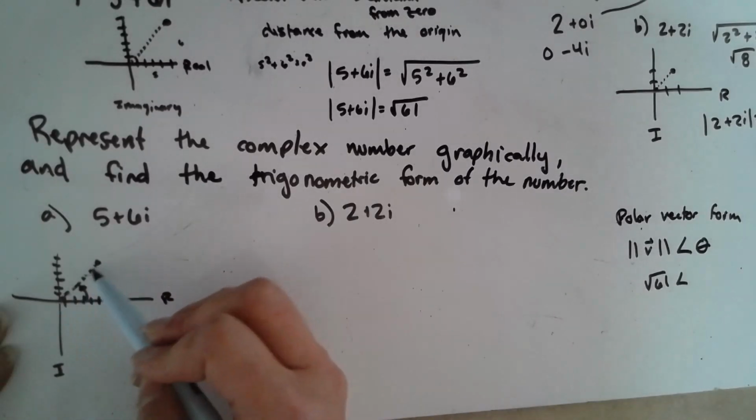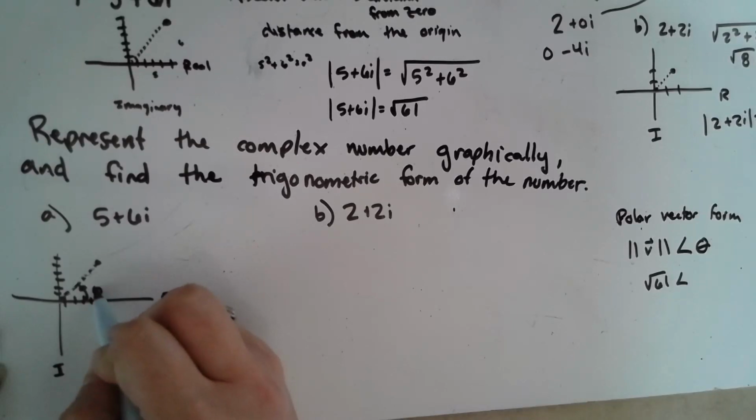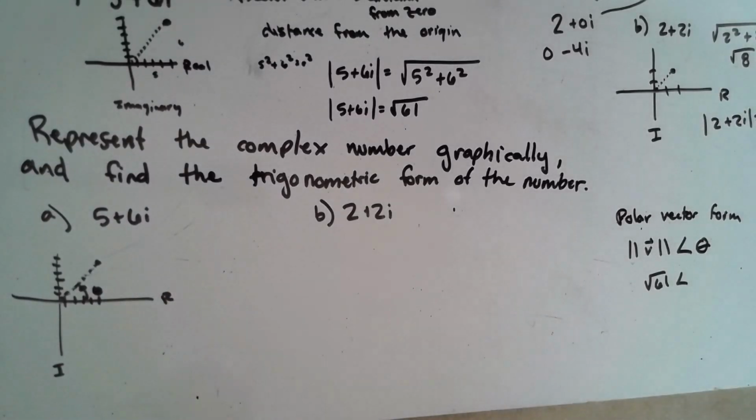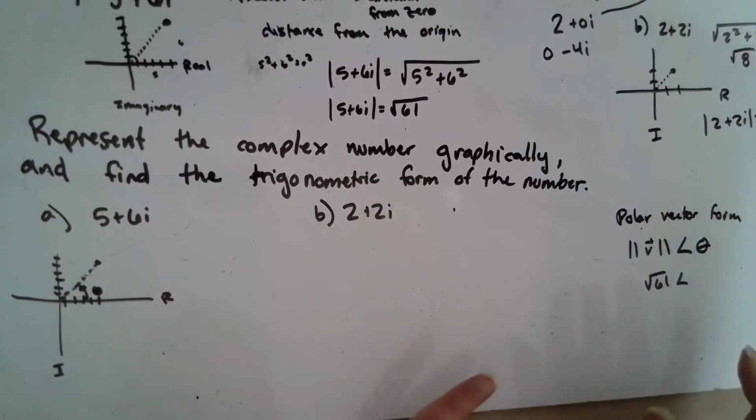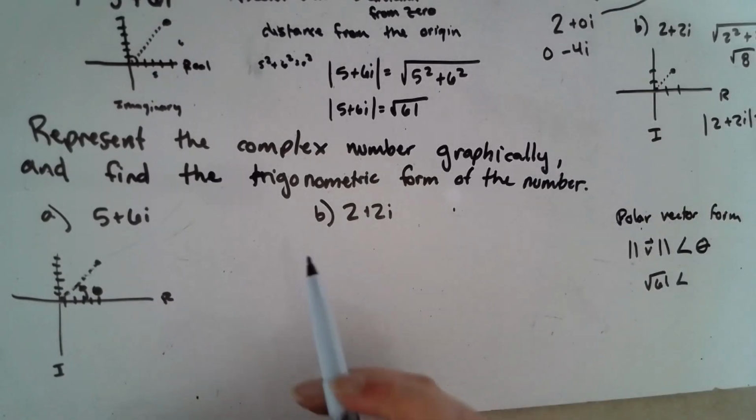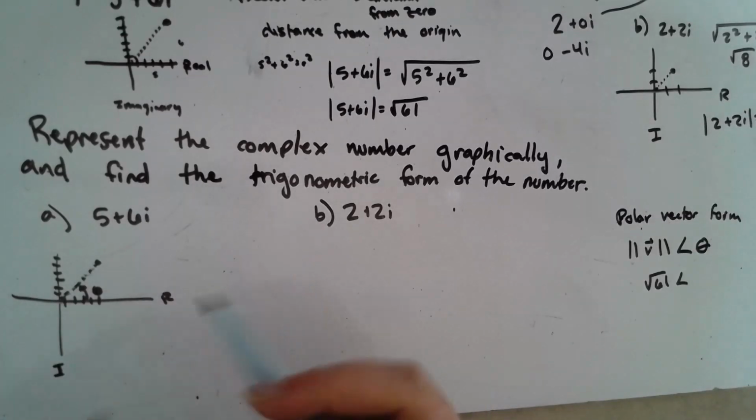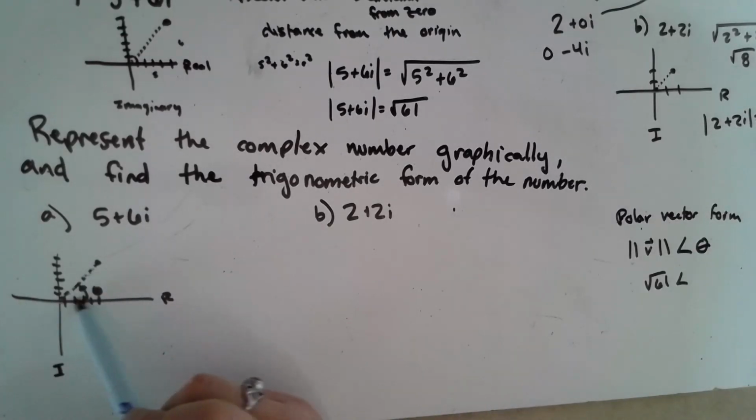If this was a vector, we would then find this theta. So that's in polar form. In trigonometric, it's somewhat similar, but instead of doing an angle, they want the sine and cosine. They want the trig ratios in there so that they can identify your x and your y.